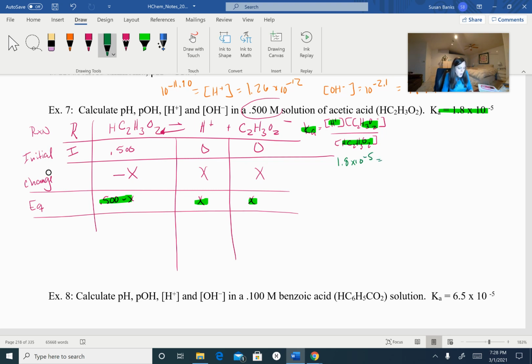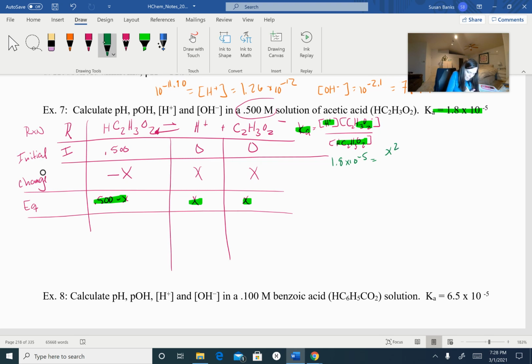Okay, our hydrogen ion concentration is X. Our acetate ion concentration is also X, so X times X is X squared. And our equilibrium concentration of acetic acid is 0.500 minus X. Now notice that our equilibrium constant is less than 10 to the negative 3.